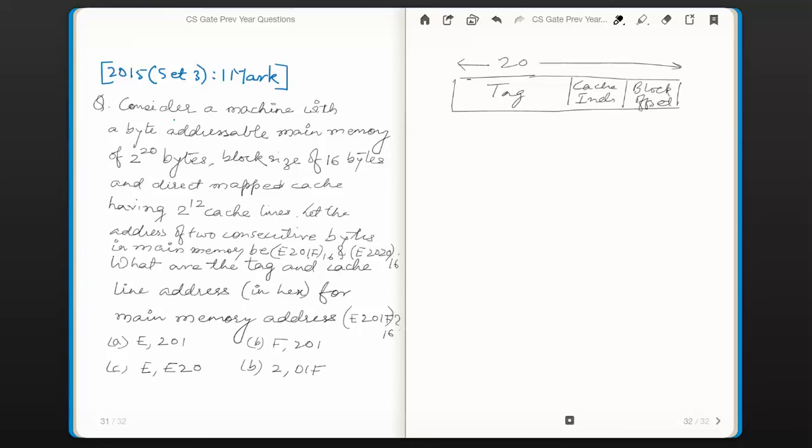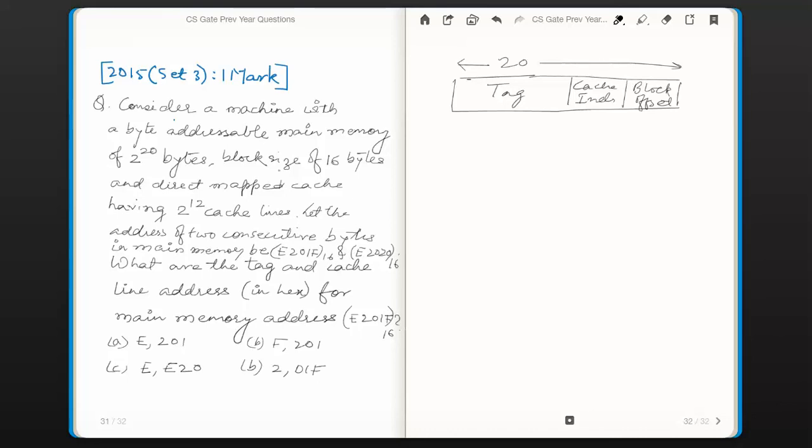Anyway, this information would not be required to solve this problem. Only the information that the main memory is byte addressable is good enough, and it conveys the same thing.